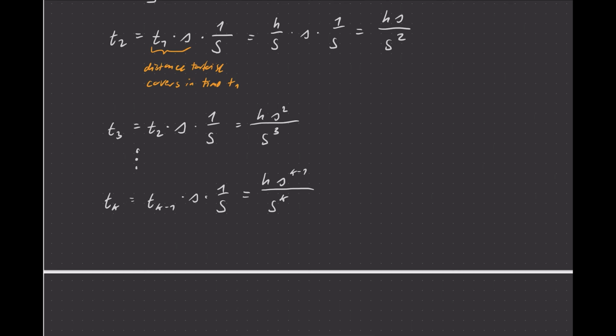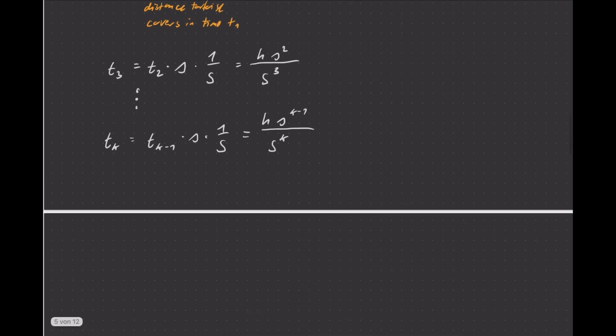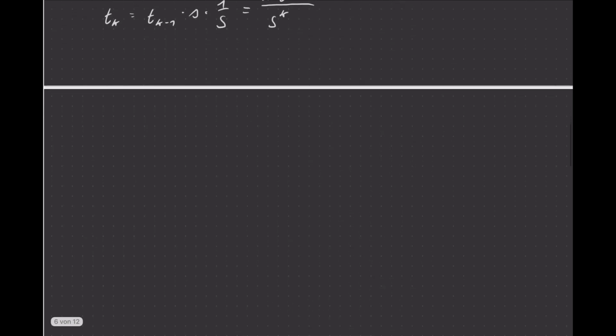So here we have an expression for our sequence tk. And the question is, when, if, does Achilles reach the tortoise? He reaches the tortoise after all of these times have been summed up.